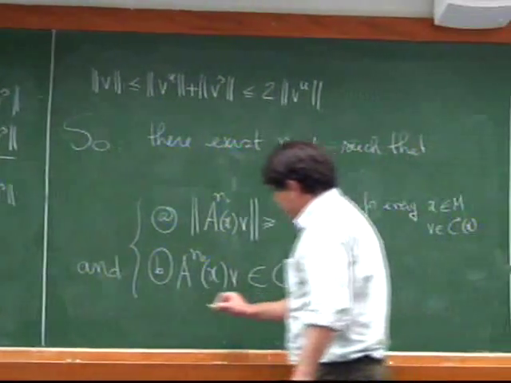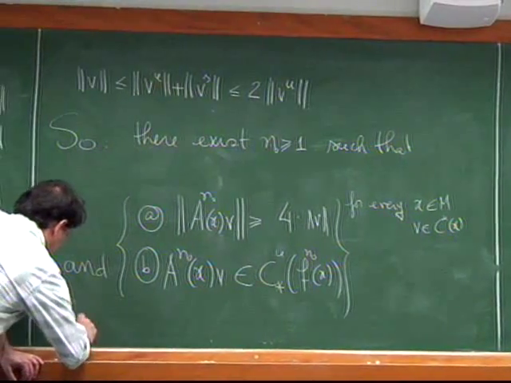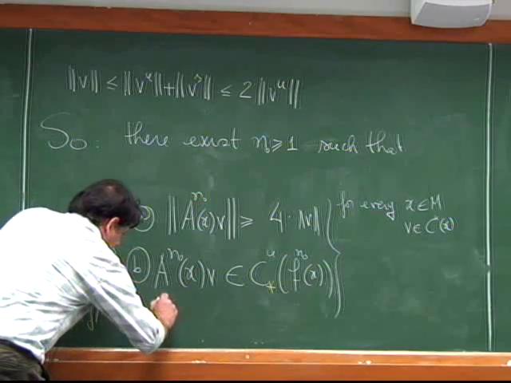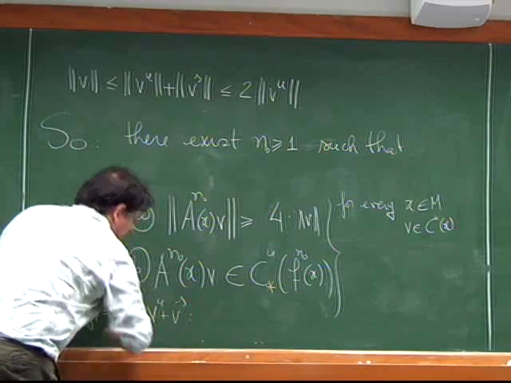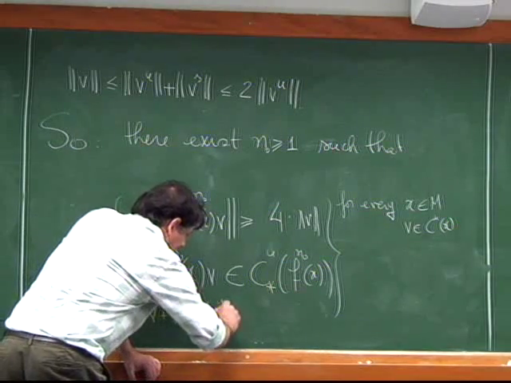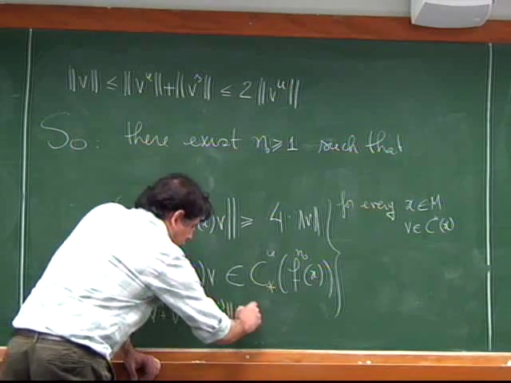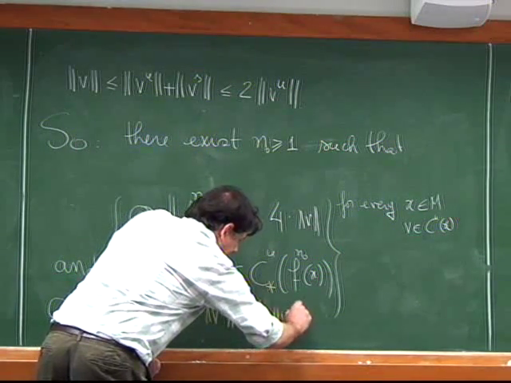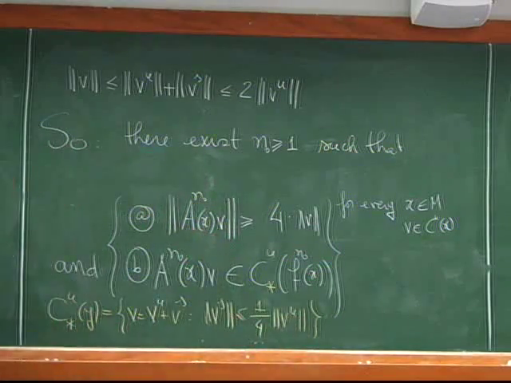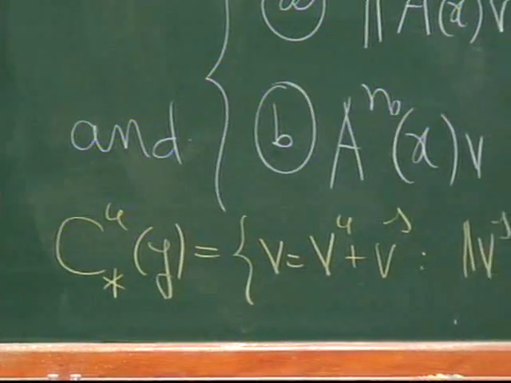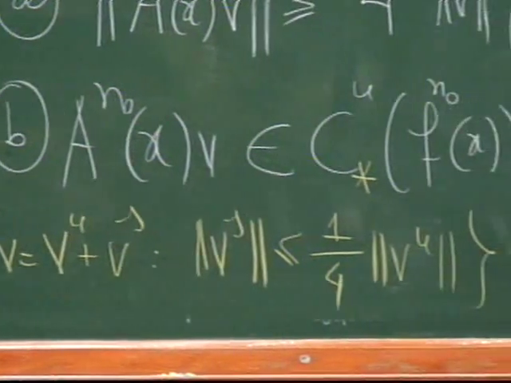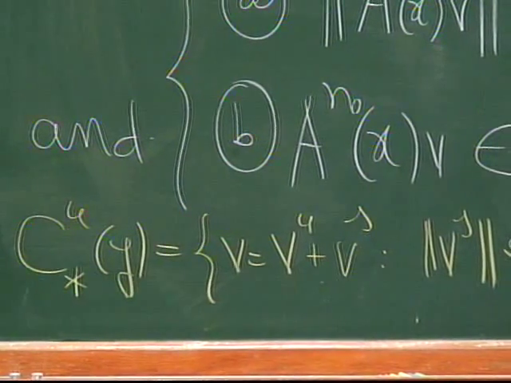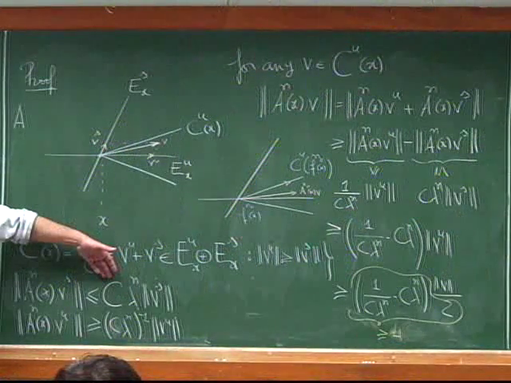And what cone is this? C star u of y is the set of vectors v equals vu plus vs, such that vs is not just smaller than vu, it's smaller than 1/4 vu. Okay? And I can do that because I started with Vs less or equal than Vu. Vs becomes, say, twice as small.